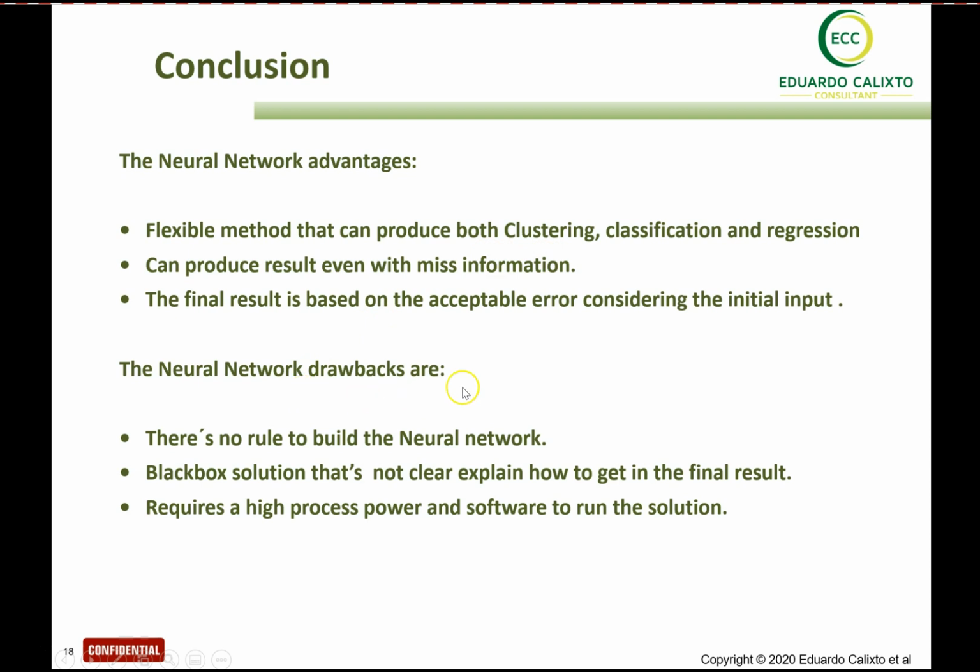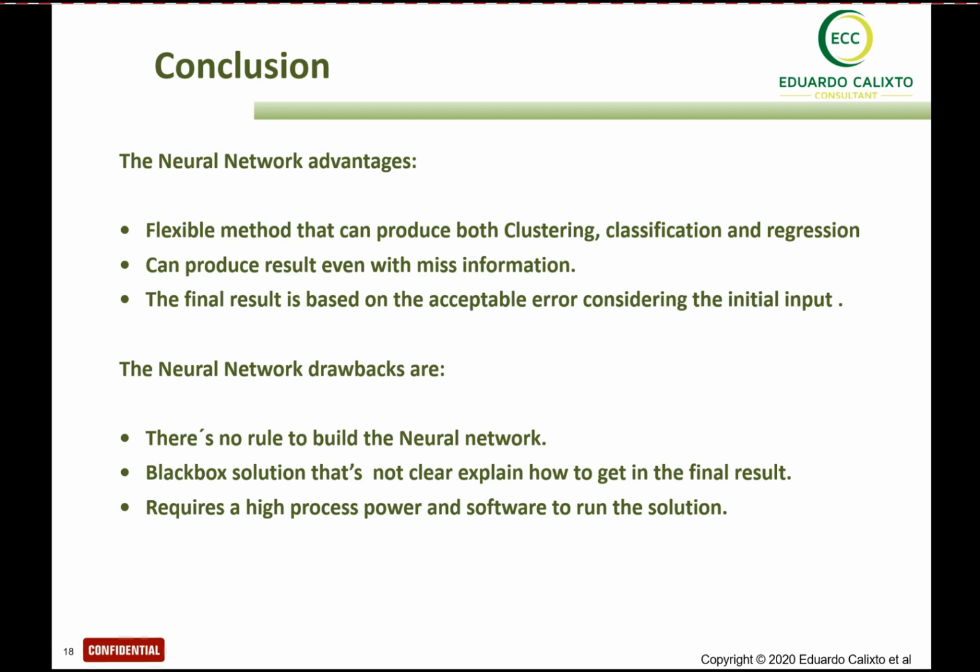There are some drawbacks of the neural network. There's no rule to build a neural network, so it is not really clear what difference we get if we have, for example, 5 or 10 hidden layers. There's no rule for that, so sometimes we need to test, and by doing that, of course, we get experience.